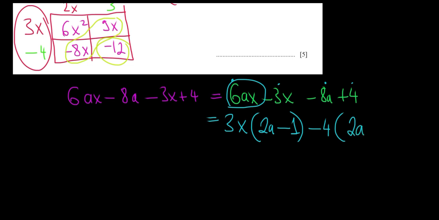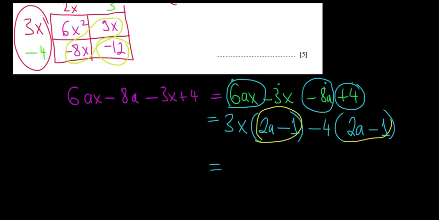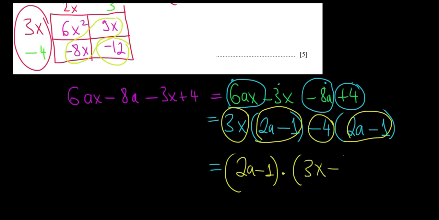Because minus 4 times 2a would be minus 8a, so that's good. And then if I take minus 4 out of positive 4, I should have minus 1 as a factor left. So now you can see it looks even better. Why? Because I have 2a minus 1 here and here. So I'm going to write 2a minus 1 bracket multiplied and here I have 3x left minus 4.